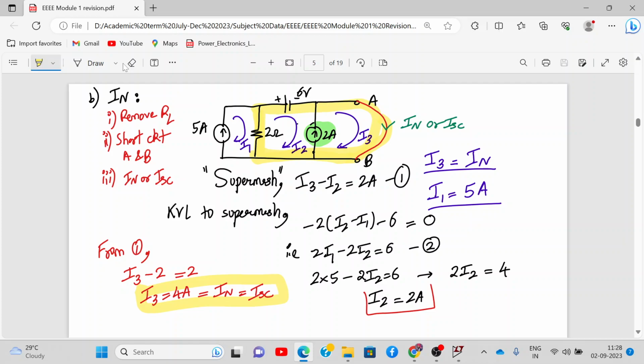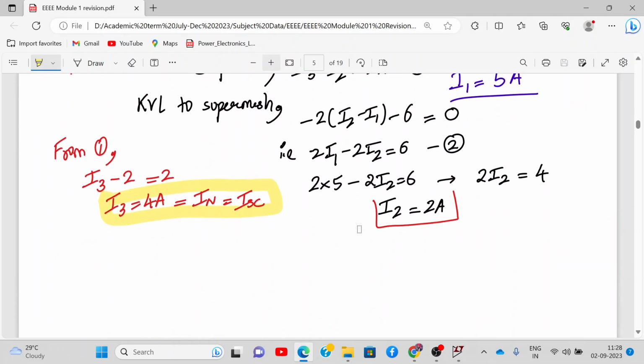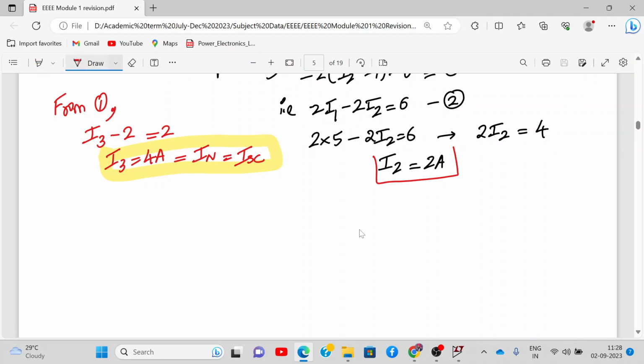Is it clear, everyone? How do we apply super mesh and all? Because that has been covered, right? Understood? Can we proceed? Yes, sir. Okay. So part C is to draw the Norton's equivalent circuit.